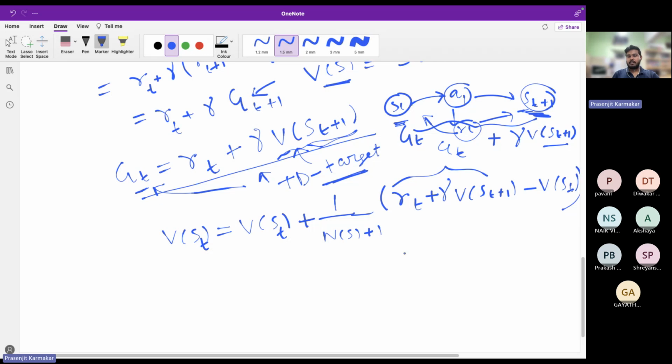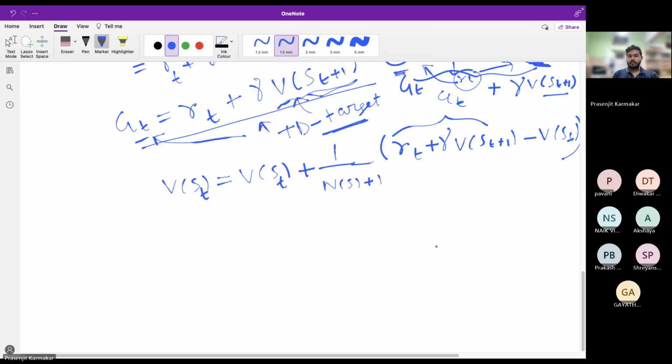That's why it's called TD learning, and this target is called the TD target. Another approximation sometimes applied here concerns N plus 1. If N is very big, because you keep exploring and interacting with the environment, this N(S) becomes very big quickly.